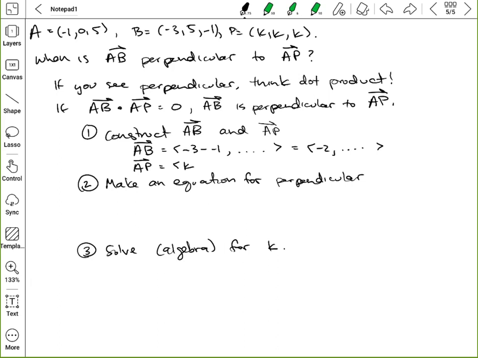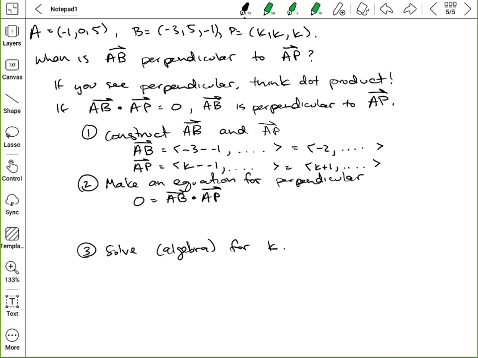It's going to be the component of P, which happens to be K, minus the component of A, which is minus 1. So in this case, it's going to be K plus 1, and a bunch of stuff. I'm cutting out some details because I want you all to try this a little bit, and also we're running out of time for me to get to everything I wanted to talk about. So then the equation for them being perpendicular is that their dot product has to be 0. So my equation is 0 is equal to AB dot AP.